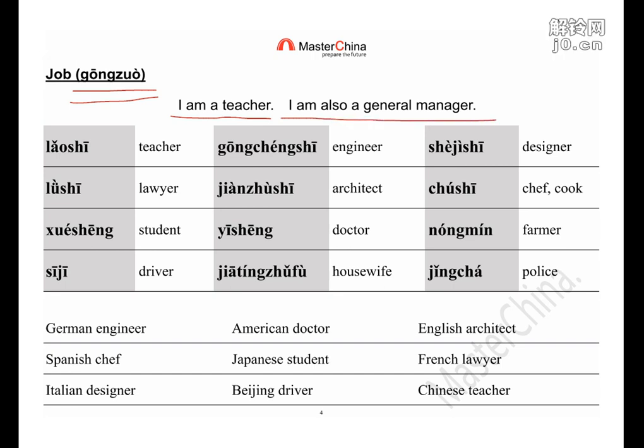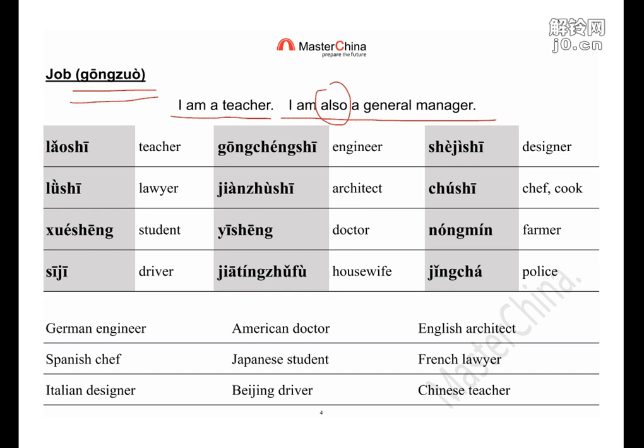And how to say this one? General manager, we already learned in last class, right? And also you know, yes, so, 我也是老师，我也是总经理. So, 也, we put the part we want to repeat, right?